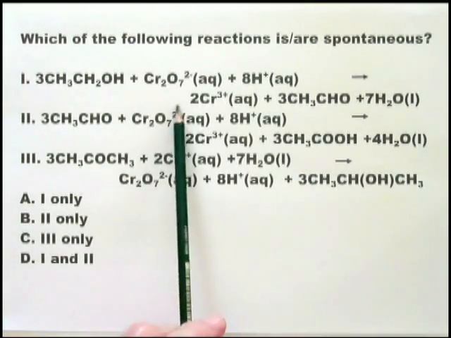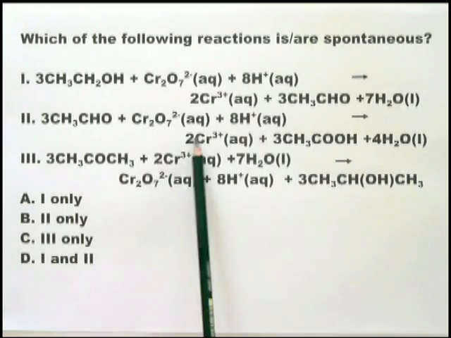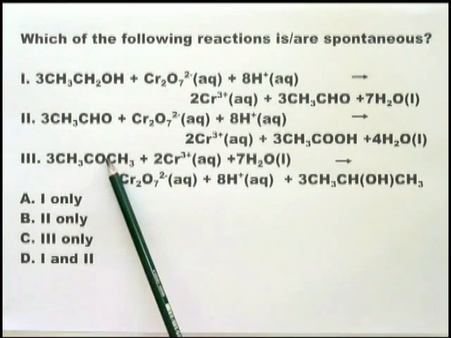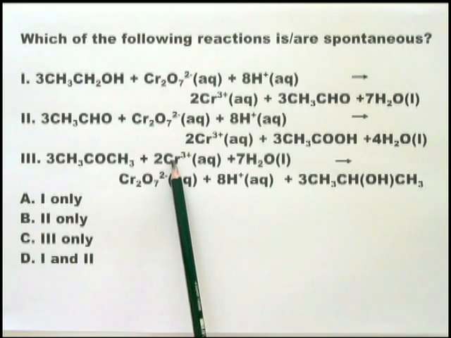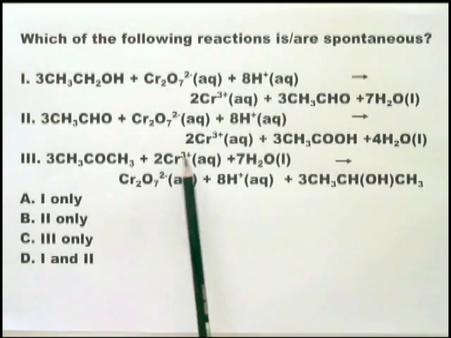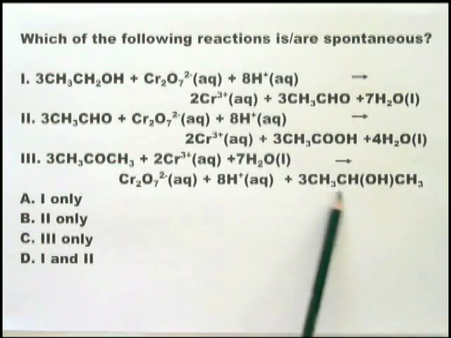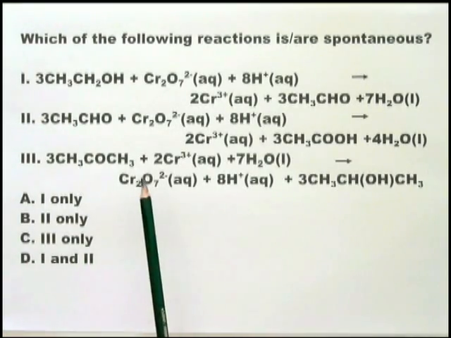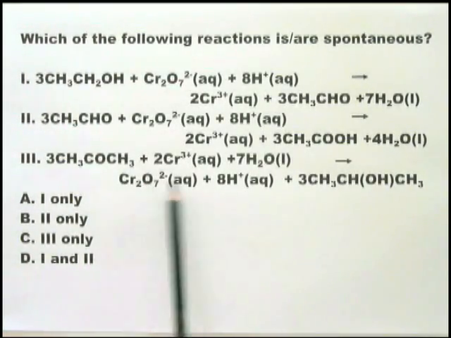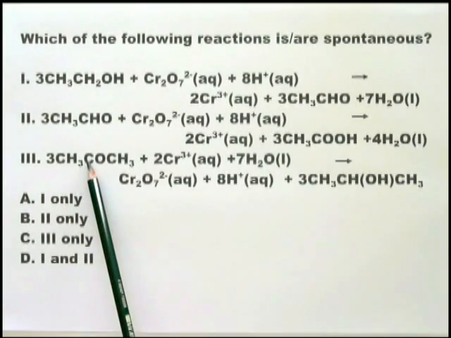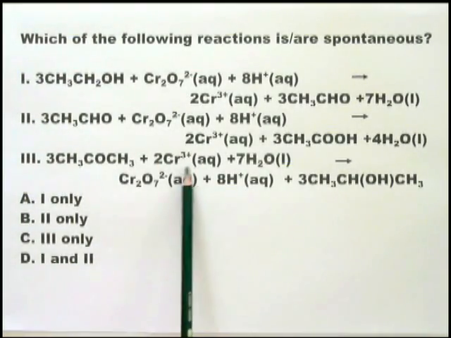If that is the oxidizing agent, then that is the reducing agent. However, we know that this is not reduced by Cr3+, because in practice the reaction goes in the opposite direction. This alcohol, which is a secondary alcohol, will be oxidized by the potassium dichromate in the presence of an acid to the ketone, propanone, and give the Cr3+.